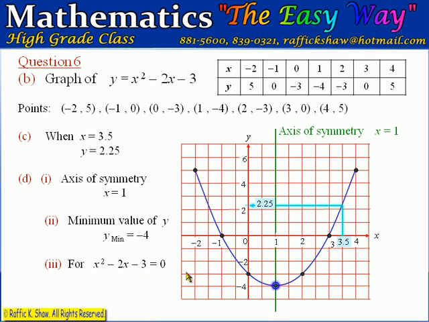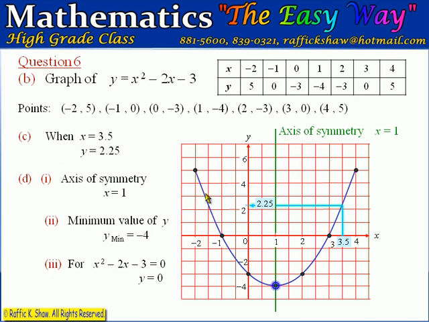These are x values where the quadratic graph intersects the x-axis, because this really is the same as saying y is equal to 0, because x squared minus 2x minus 3 actually is y. So this equation is basically asking us where is y equal to 0, and y is equal to 0 on the x-axis. All points on the x-axis have y equal to 0. In fact, the equation of the x-axis is y equals 0.